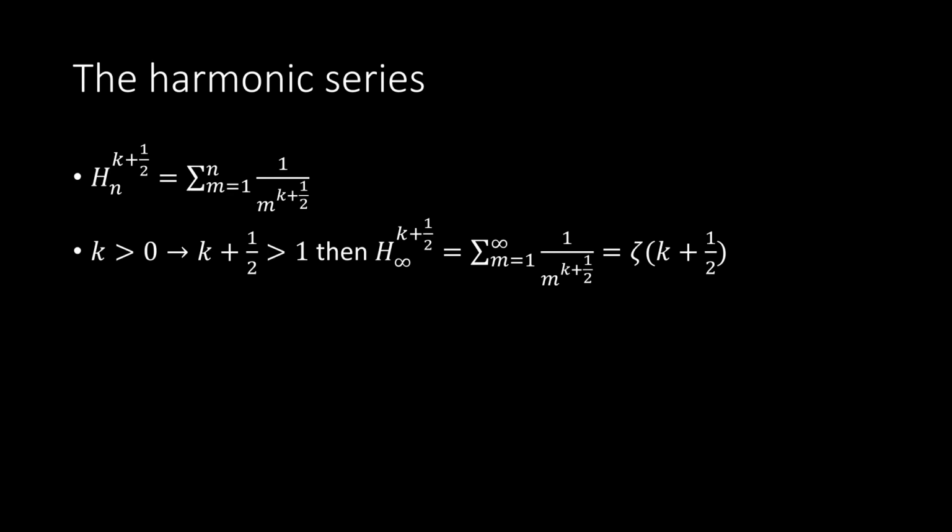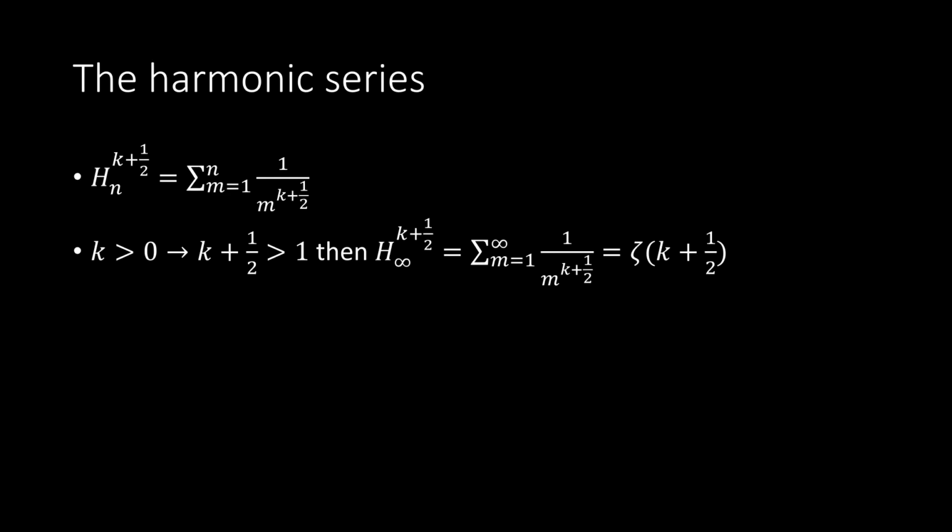So the thing is, the zeta function given an arbitrary argument does only converge if the argument of the zeta function is larger than 1. And in our case, the argument is k plus 1/2. So if k plus 1/2 is larger than 1, then the zeta function, and therefore the infinite sum over the inverse powers, will converge.